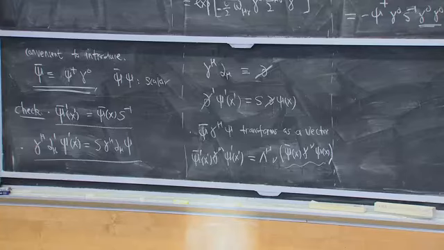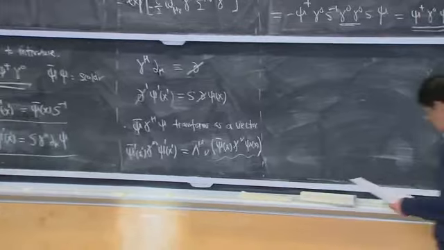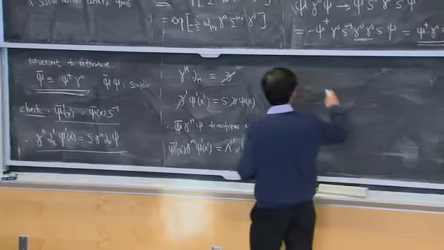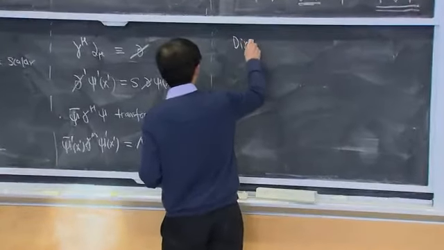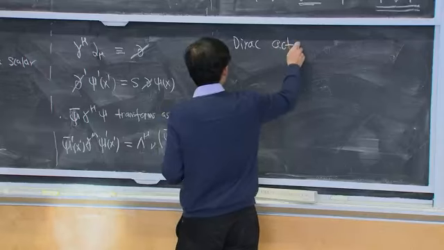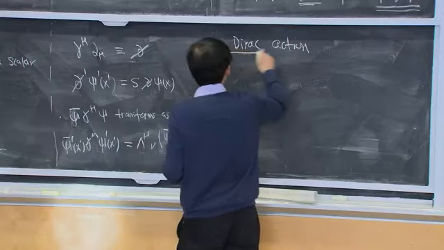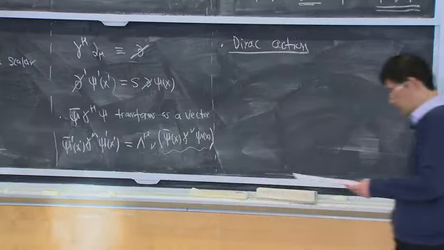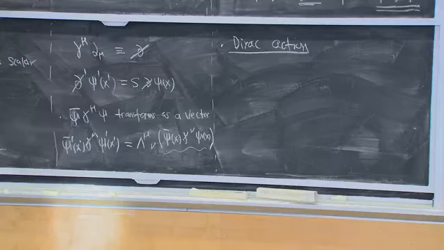Okay. So with these preparations, we can now write down the action which gives rise to the Dirac equation. So now we can write down the Dirac action. I will just write down the answer.